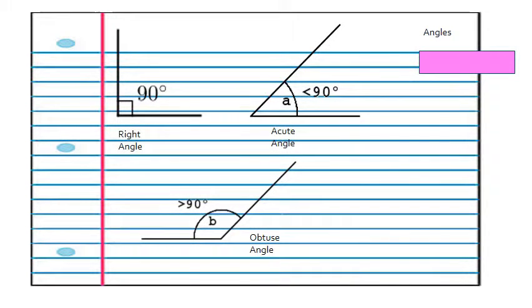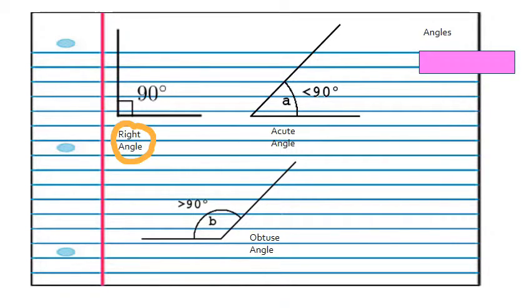We classify angles by what is actually happening to that space in between. The most basic one that we use to classify all the other angles is your right angle. I know you've seen it in many different places.